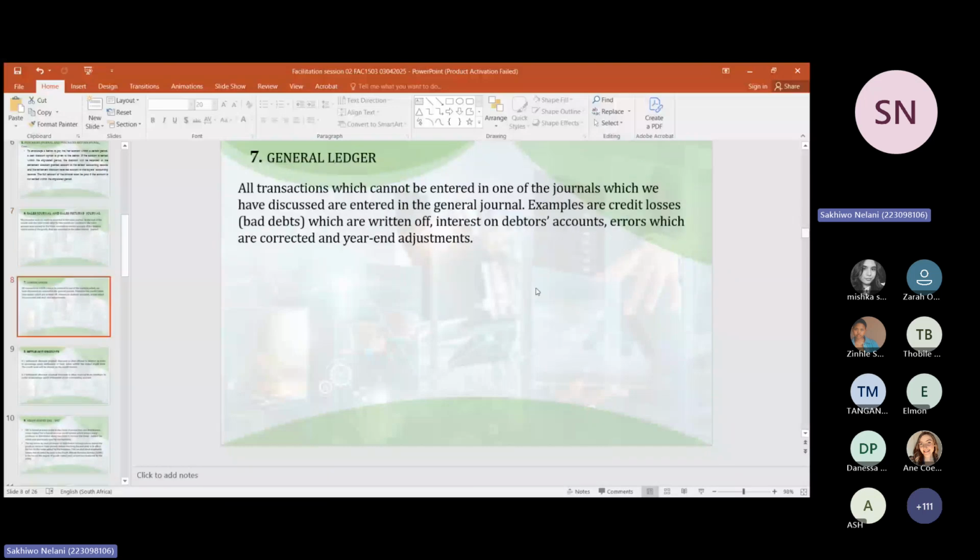When you talk about the general ledger, as I indicated above, these aspects are classified in accounting. We've got assets, and assets enjoy a debit balance. If you buy your trading stock, or sell your items to your customers, your debtors or trade receivables, all of them enjoy a debit balance.